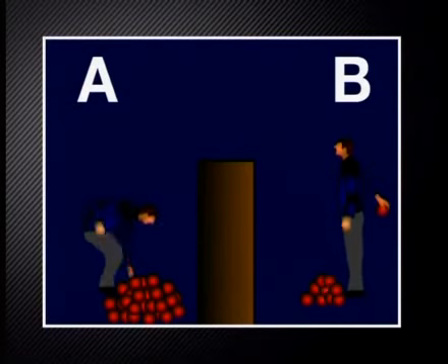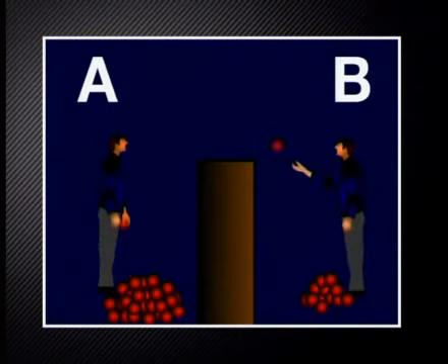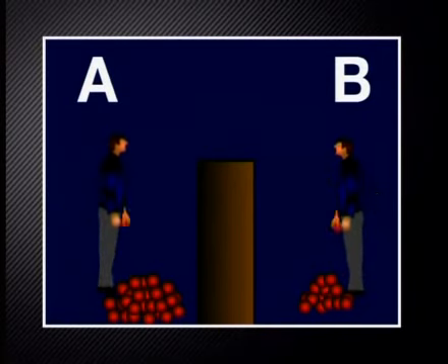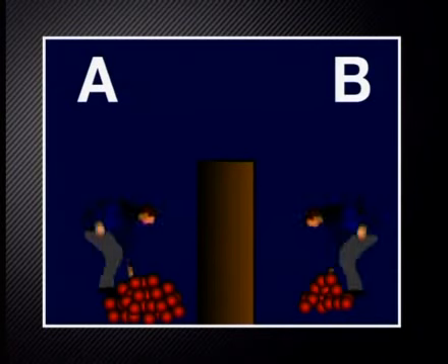Think of man B throwing apples back as the reverse reaction. At first, man B is slow at throwing back, but he eventually speeds up. Man A and man B end up throwing apples at the same rate. Can you see that the number of apples on man A's side stays the same, and the number of apples on man B's side stays the same? We say they are in dynamic equilibrium.